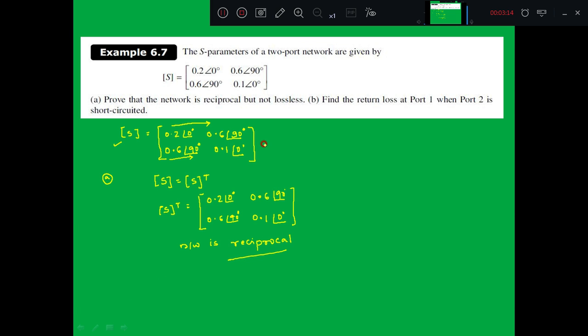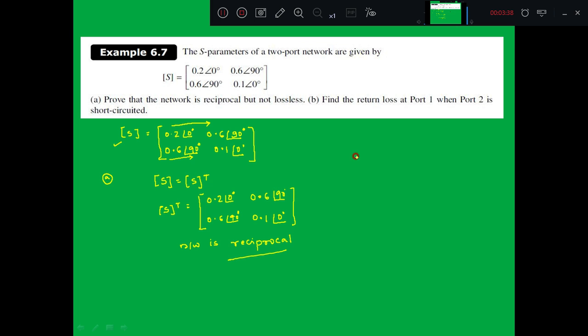And also we have to prove it is a lossy network. Not lossless means it is a lossy network. So what is the condition to be satisfied for the network to be said to be lossless? There are two methods you can follow.